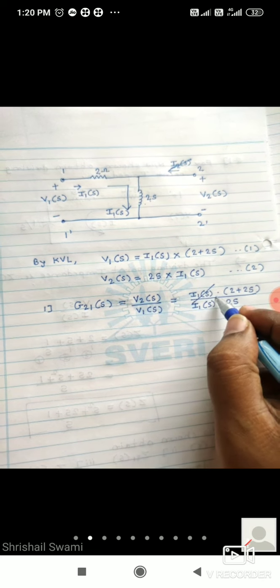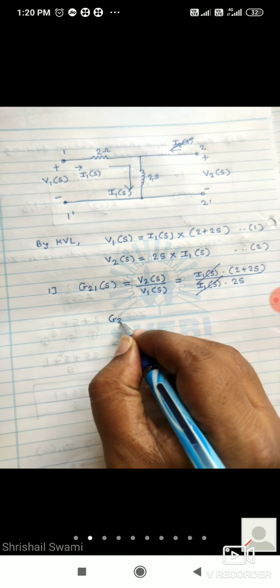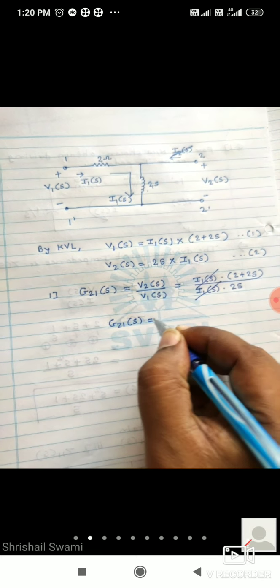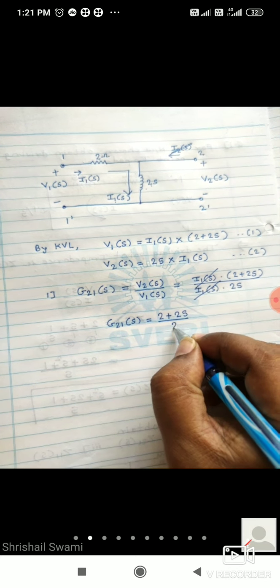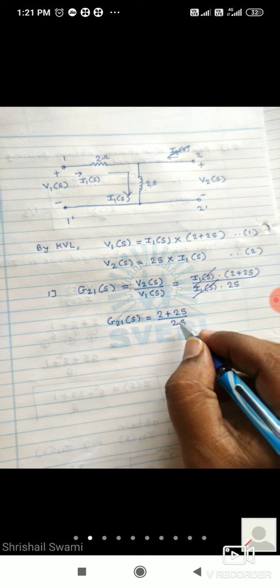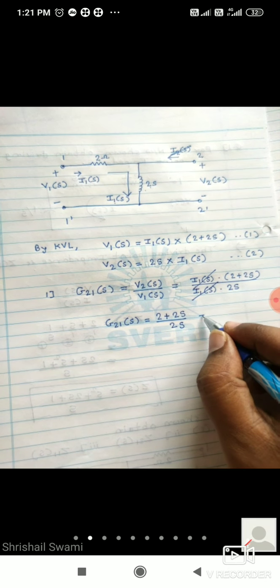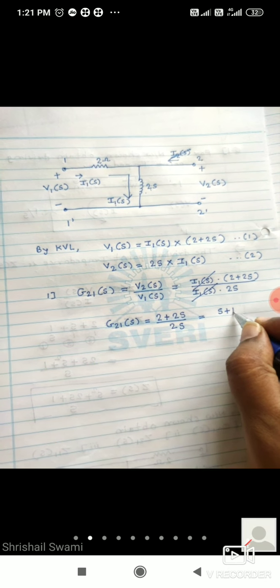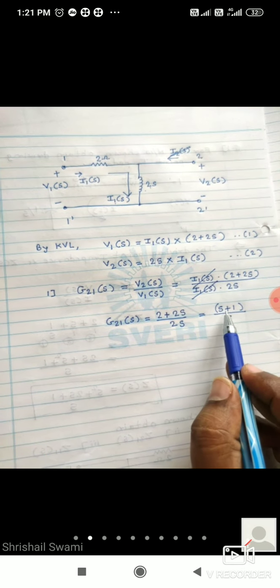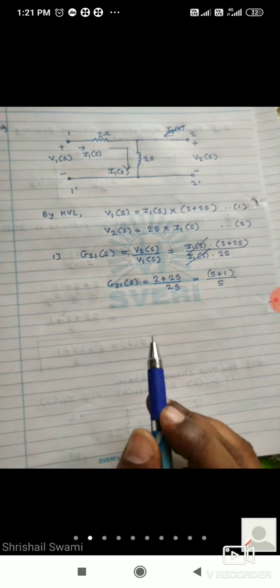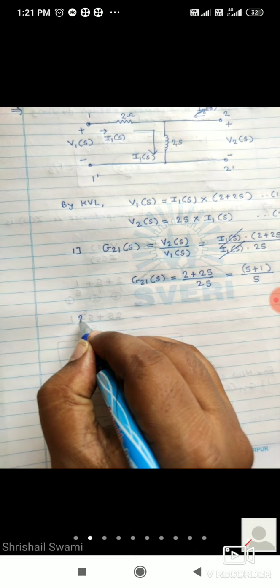So here these two will get cancelled. So G21 of S is equal to 2S divided by 2 plus 2S. Here you can take 2 common, and it becomes S divided by S plus 1. The 2 cancels. So this is the answer of G21 of S.